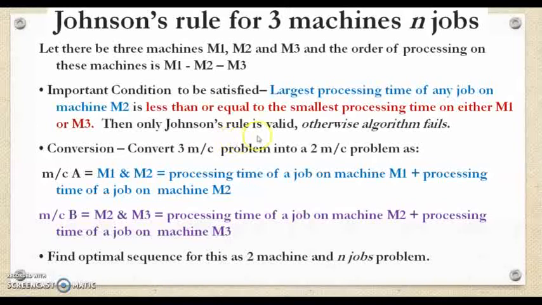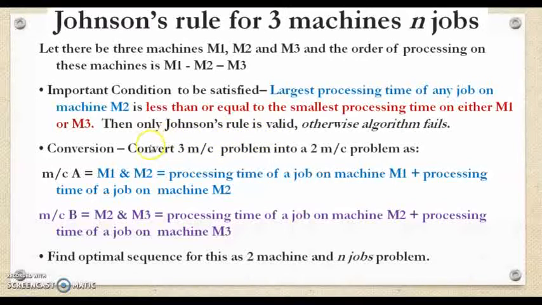the Johnson's algorithm fails. If this condition is satisfied, that is, either of M1 or M3 is greater than or equal to the maximum processing time of machine M2, then Johnson's rule is always valid.